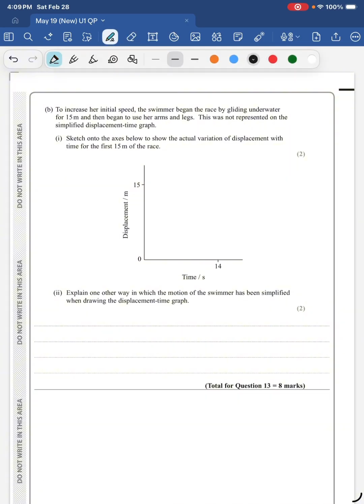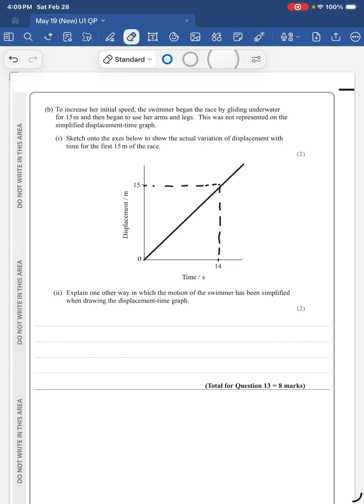Now, let's go back to this. Because she's moving much faster if she's gliding, we don't have a linear displacement. So in the graph they gave us, we have something like this, right? But in reality, the swimmer moves much faster.